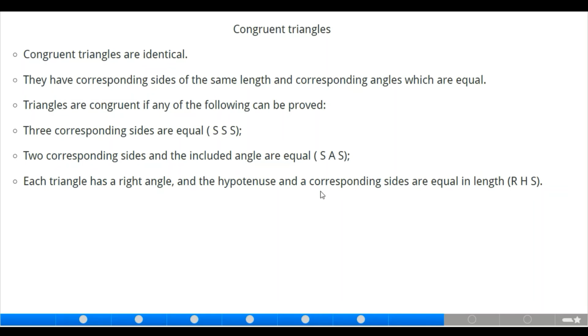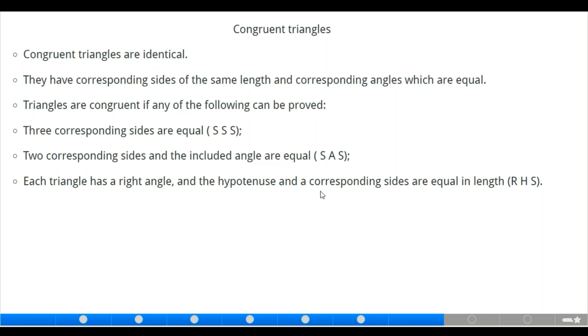Triangles are congruent if any of the following can be proved. First, if three corresponding sides are equal, then it satisfies the condition. Second, if two corresponding sides and the included angle are equal, then it satisfies the condition.